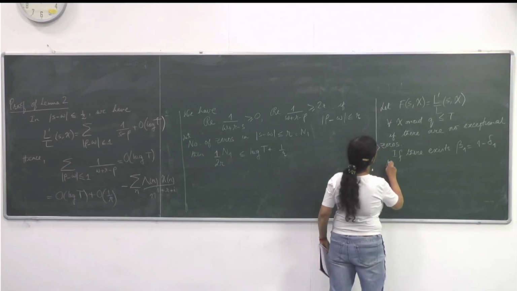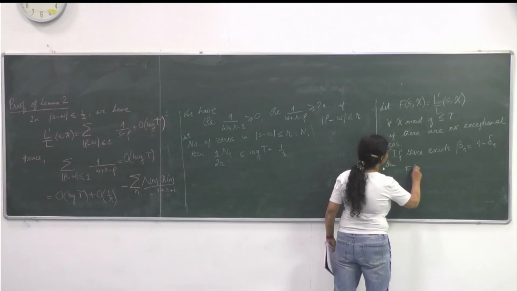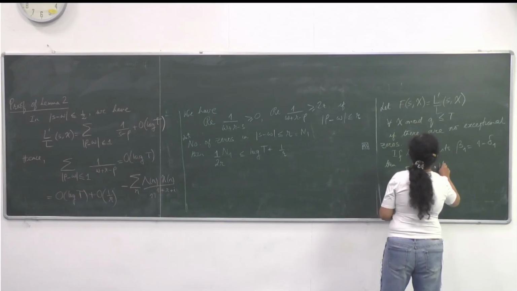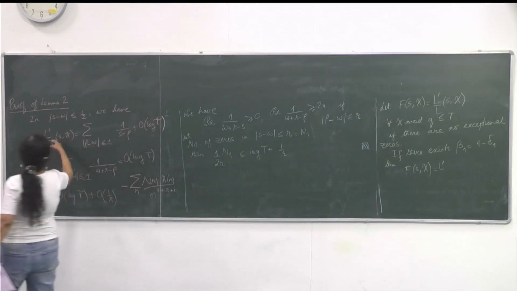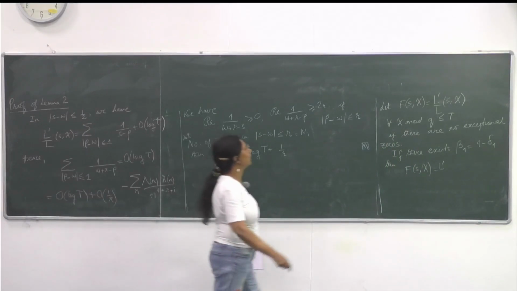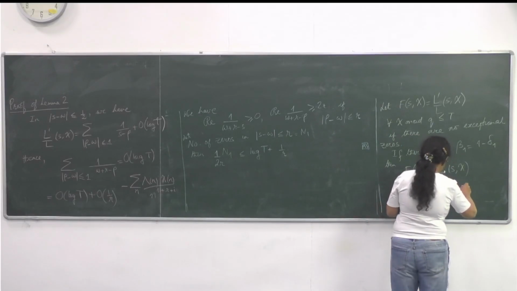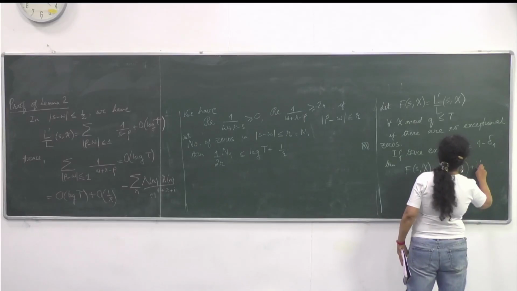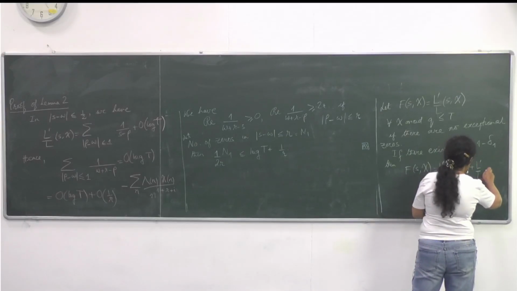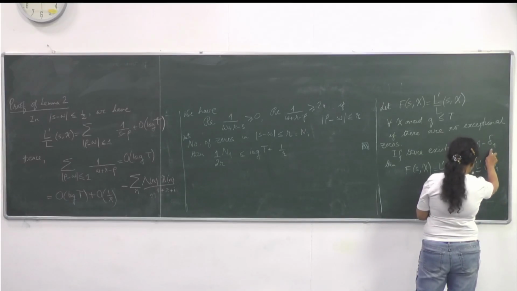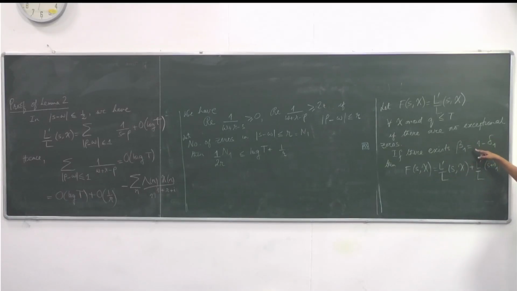Then f_S of chi is equal to this L prime by L, where we keep the same L prime by L of S, chi, plus L prime by L of S plus sigma 1, the difference here, S plus sigma 1. So you notice this beta 1 being written as 1 minus delta 1, this is giving you the distance from 1.